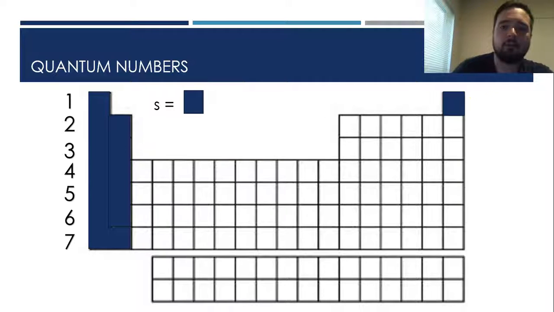The s orbitals also go over to helium. So 1s actually gets stretched out. The reason why is because helium is a noble gas, so they wanted to put it over here on the right-hand side. But it actually falls within the 1s orbital. So H has a 1s orbital only, and helium has a 1s orbital only. Hydrogen has 1 electron and helium has 2.